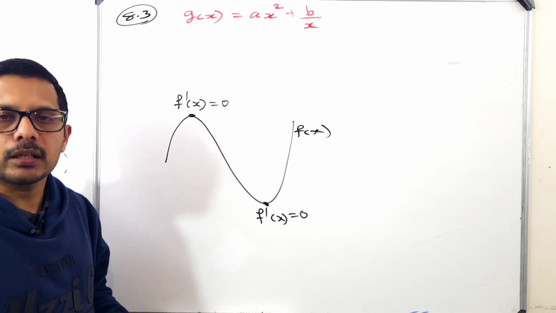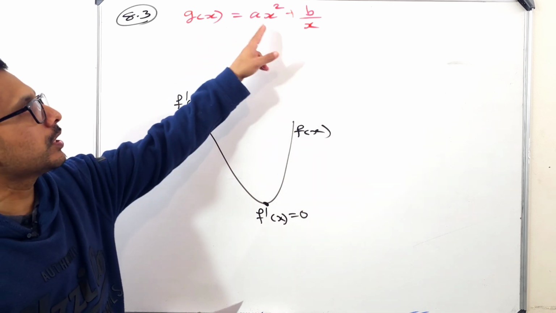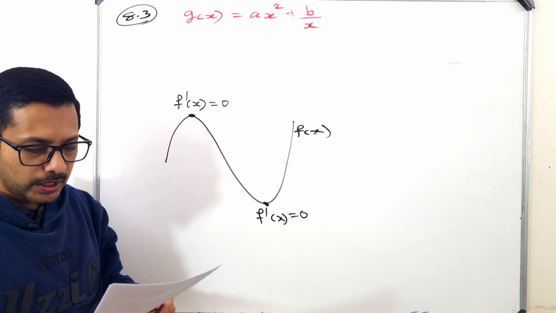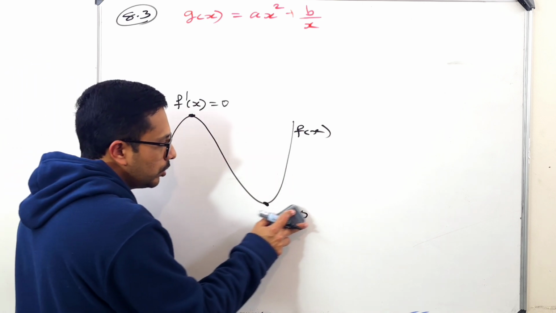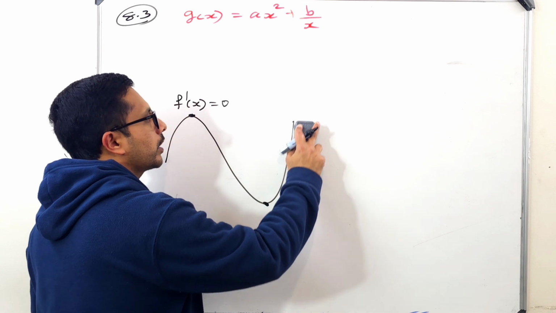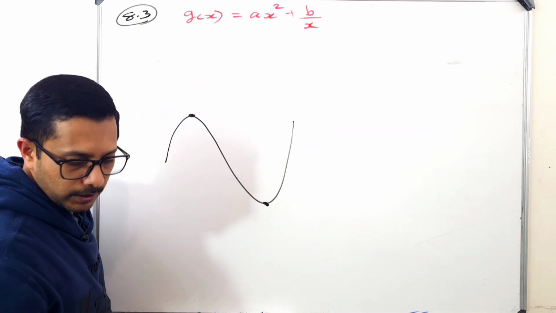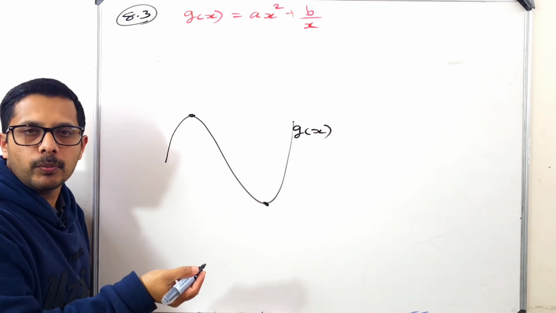And in this question they are saying that this function g of x is equal to ax square plus b over x has a minimum value at x is equal to 4. So it means that assume that this is our g of x. This function, our g of x function, has a minimum value.